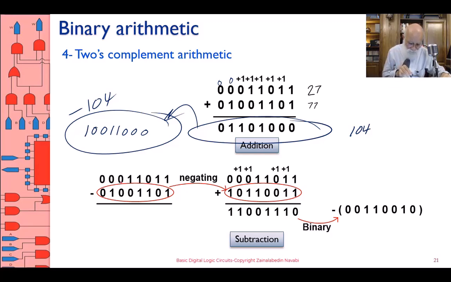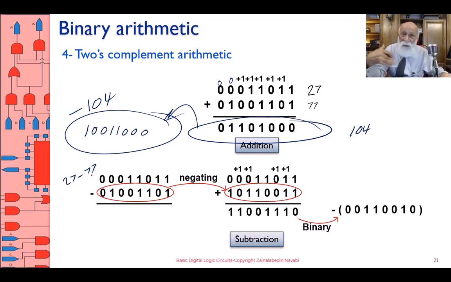Here I have 0, 0, 0, 1, 1, 0, 1, 1. I'm subtracting 0, 1, 0, 0, 1, 1, 0, 1 from it. What it means is I have 27 minus 77. Okay? I can go back to that negating thing, the borrowing thing, and perform this subtraction.